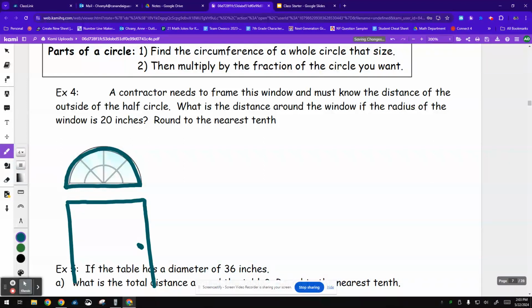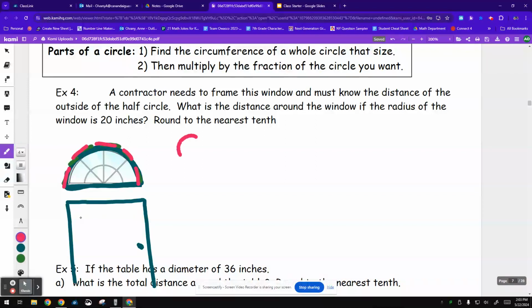I need to know how much wood I need to frame this window. What part of a circle is this? A half moon. It's a half, isn't it? This is not a whole circle. That's half a circle, guys.